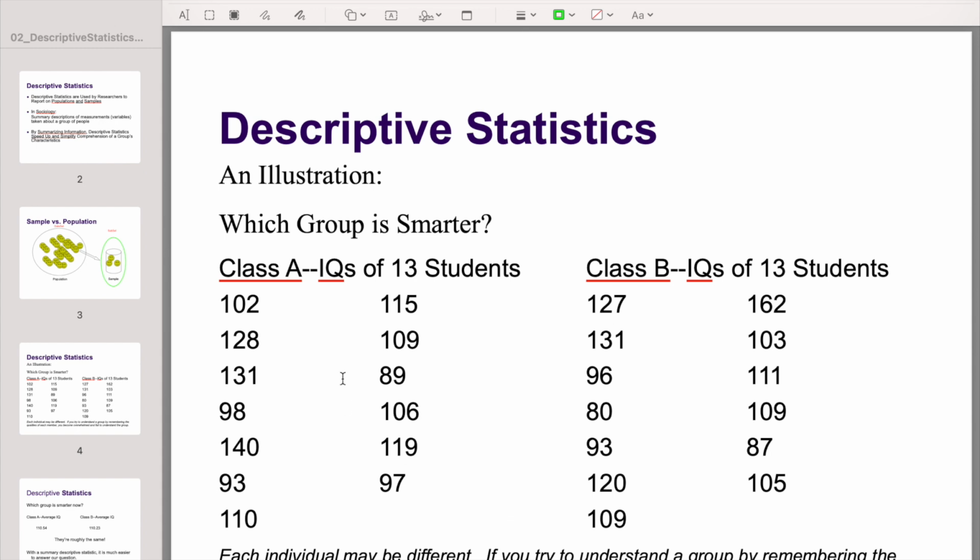So we would like to create a summary of the group because we could have individuals with variable properties or characteristics within the group.